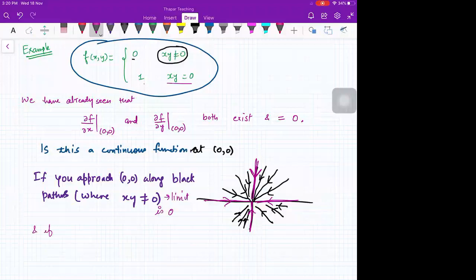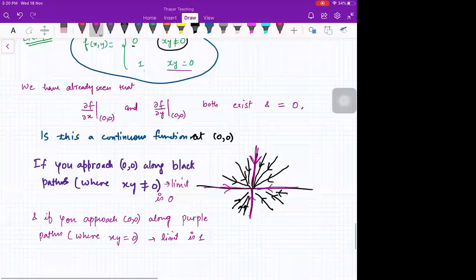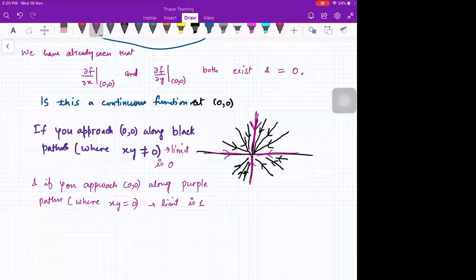And if you approach (0,0) along the purple paths where xy is equal to 0, the limit is 1. Therefore, different limits along different paths. Therefore, the limit of f(x,y) as (x,y) goes to (0,0) does not exist.